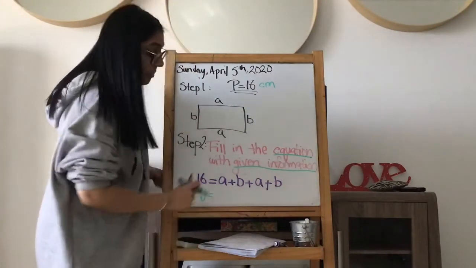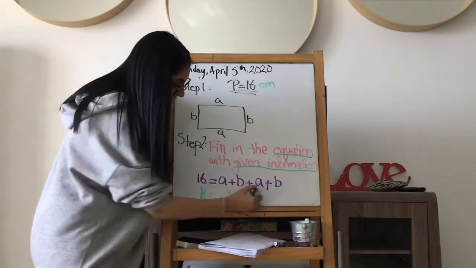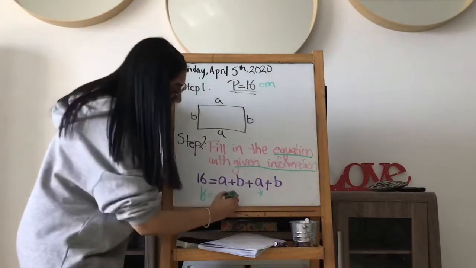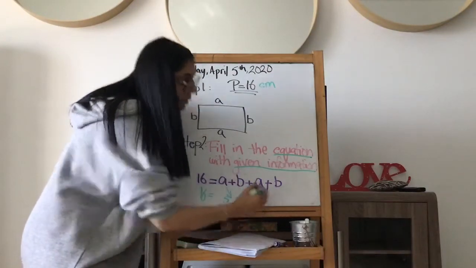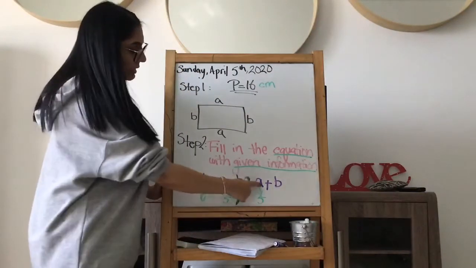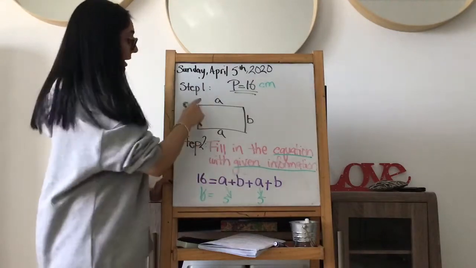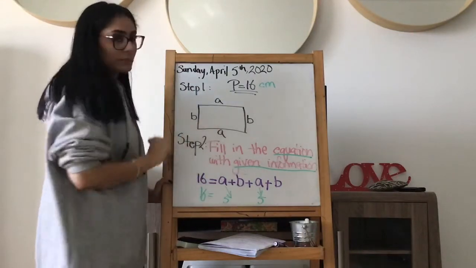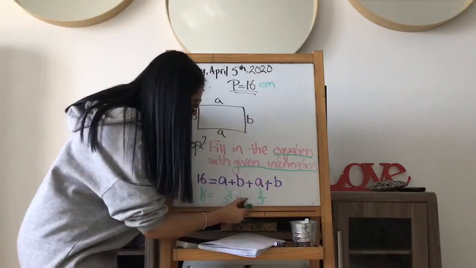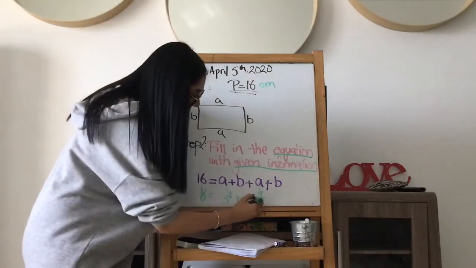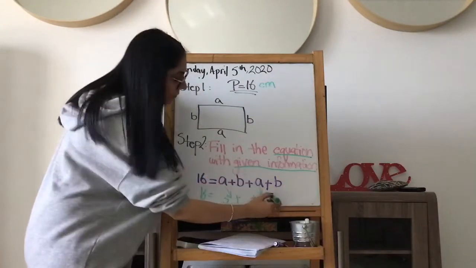What equals, and remember, these two numbers have to be the same. So if I put 5 here, let me just put 5 for a second. I have to put 5 here because obviously they're the same variable, right? If this is 5, this also has to be 5. So let's go with this one. 5 plus something plus 5 plus something.